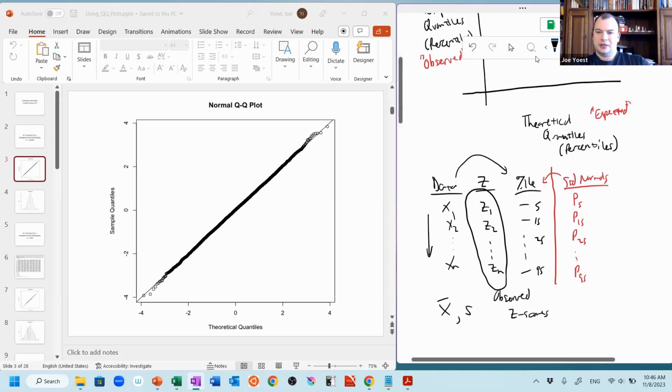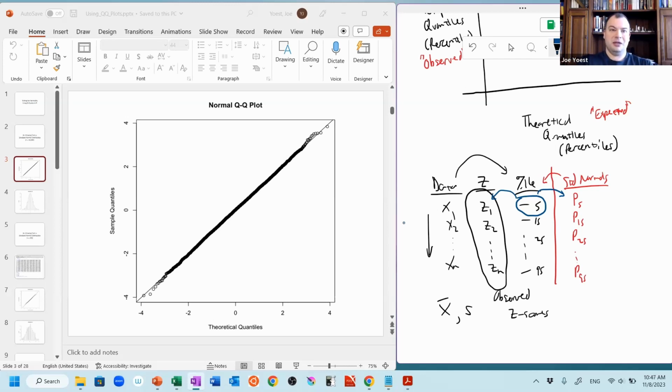Now, what I see is for a given percentile, if this was a perfect normal, I have a theoretical Z index that I'd expect to see, the fifth percentile of the standard normal. And I have kind of an observed Z score for the fifth percentile of my data. If my data were perfectly representative of a normal distribution, these two numbers, Z1 and P5, I guess I called it.